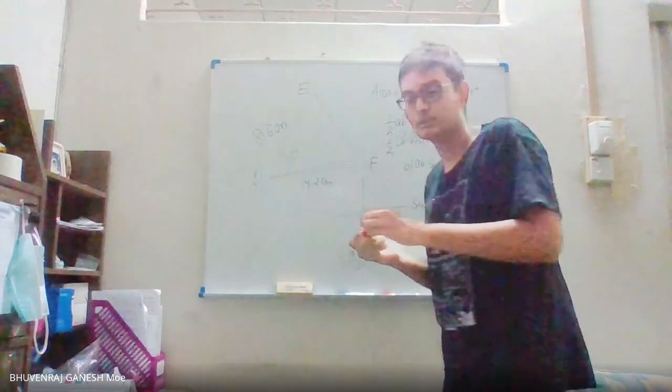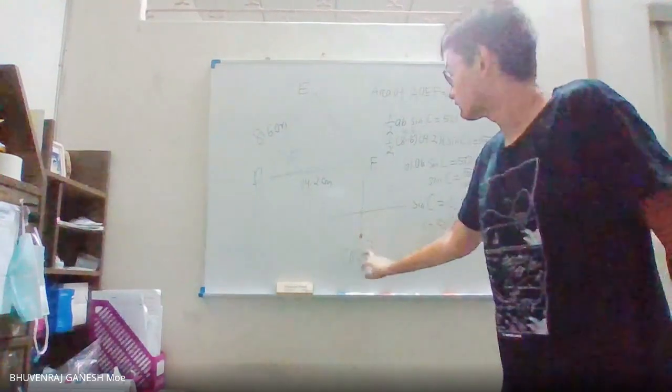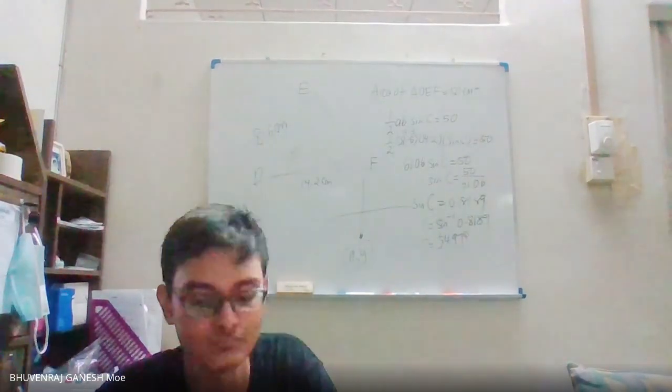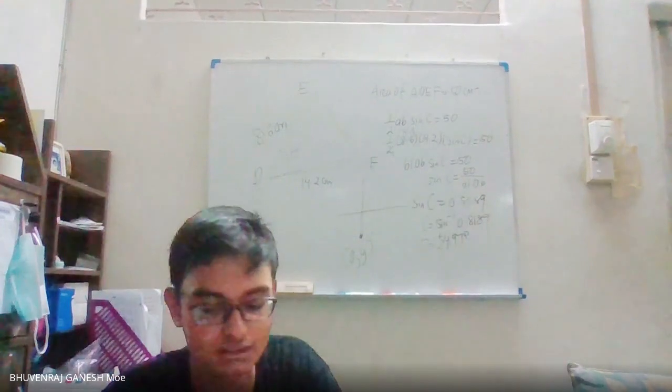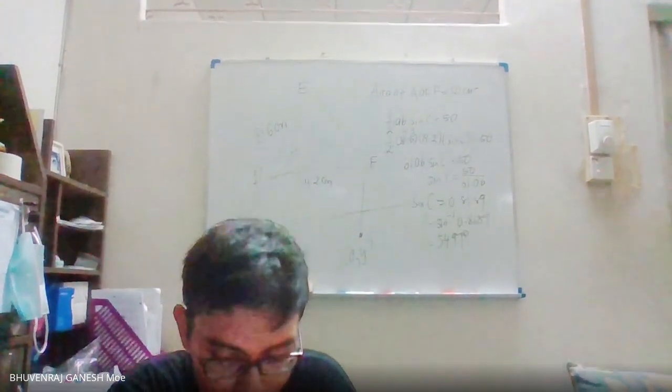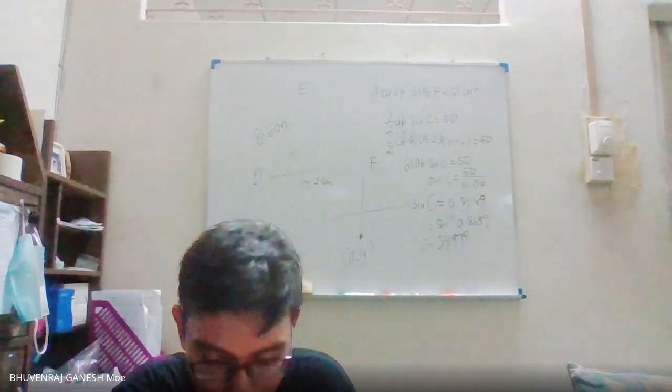Your y is negative 11. So that's how you get your answer, (0, negative 11), because it cuts the axis at that point. I see. So that's how you form it.